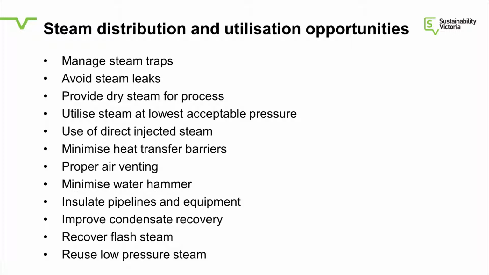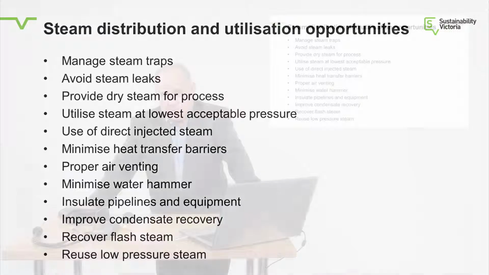So if you're going to use steam for direct injection, you've just got to be very careful on how you design the system. Minimise heat transfer barriers so that you make sure that the steam transfers very effectively to the end-use process. Proper air venting to make sure that you get air out of the system, because air is a very good insulator, and if it's replacing steam, it reduces the effectiveness of the steam to do its job.